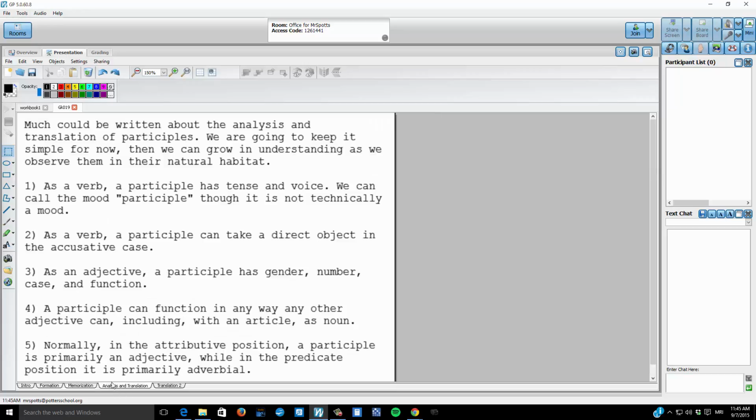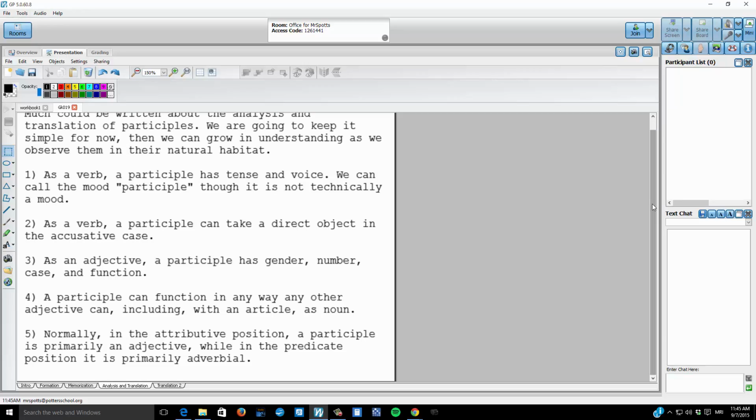Now, since the participles are probably a kind of new concept, let's remember how to work with these. This screen, by the way, is exactly the same as the one I displayed looking at the present participle. We're going to keep an eye on those participles. We'll see how they're used in their natural habitat.